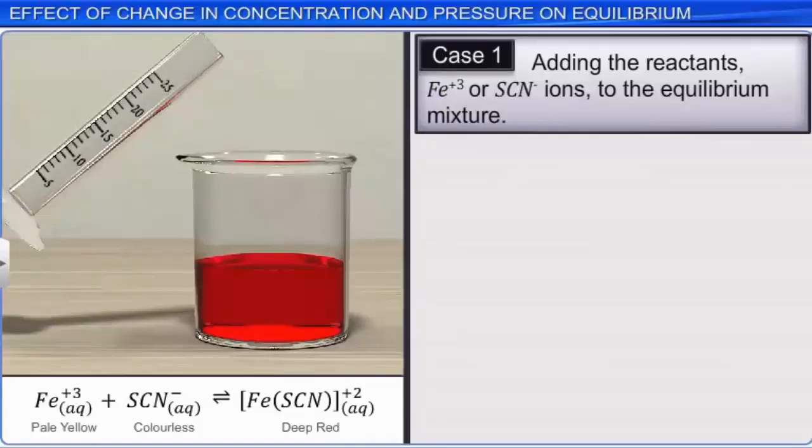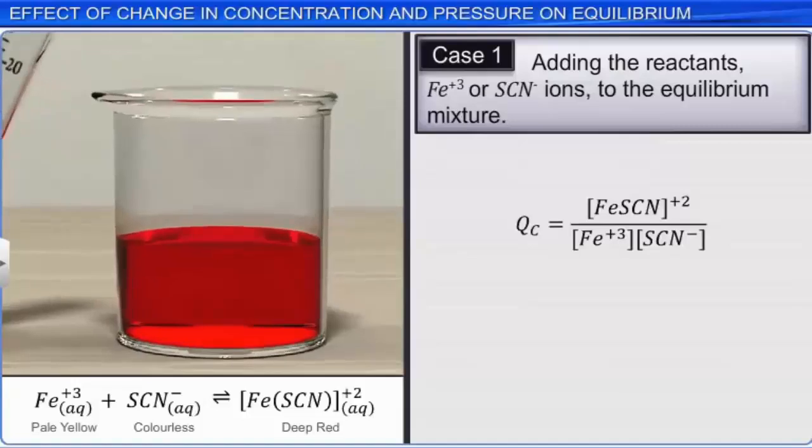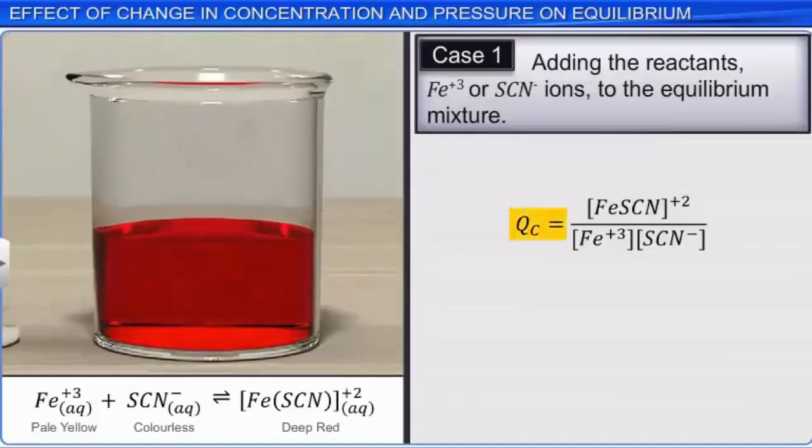The reaction quotient at this stage of the reaction is given by Qc is equal to concentration of FeSCN+2 divided by the product of concentration of Fe+3 and SCN- ions. On the addition of Fe+3 or SCN- ions to the equilibrium mixture, the denominator value in the expression for reaction quotient increases. This results in a decrease in the value of the reaction quotient. Now, the value of Qc becomes less than Kc.